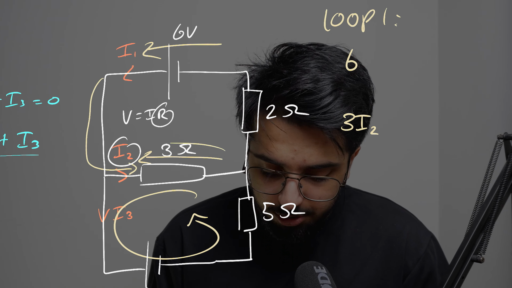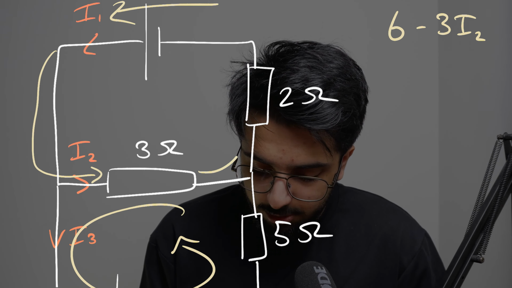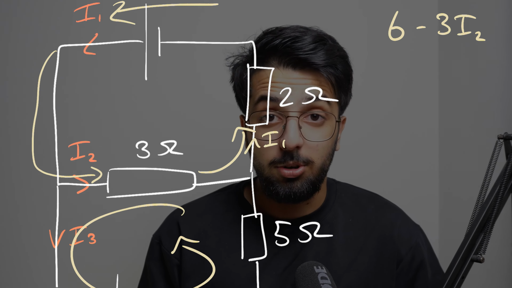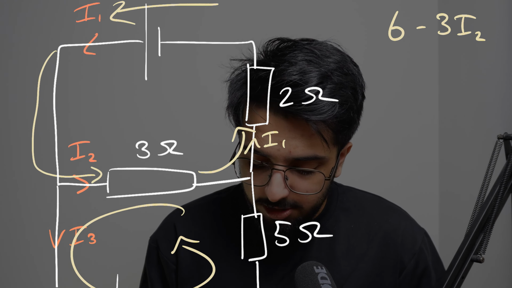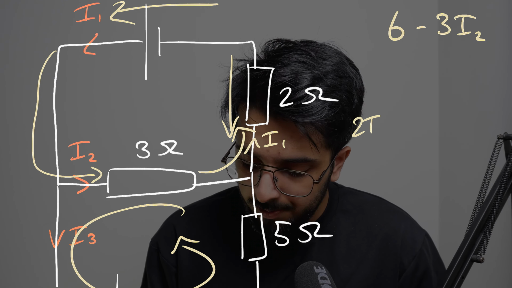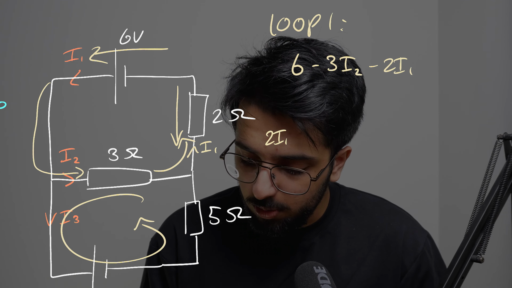As this is a voltage drop, this is minus 3I2. As the charge continues to flow up here, this current is equal to I1 because of Kirchhoff's current law, and so the voltage drop across here is going to be equal to 2I1. So we minus 2I1 over here, and this all equals 0.